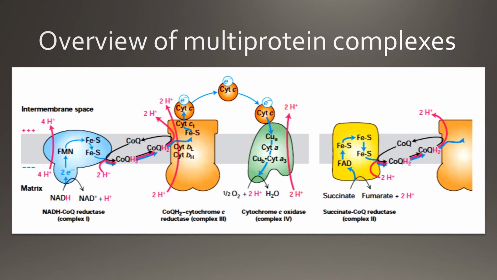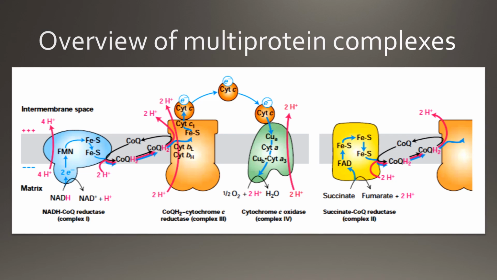Now we come to the right pathway from succinate. During oxidation of succinate to fumarate and reduction of coenzyme Q by the succinate coenzyme Q reductase complex, no protons are translocated across the membrane. The remainder of the electron transport from coenzyme QH2 proceeds by the same pathway as in the left diagram.